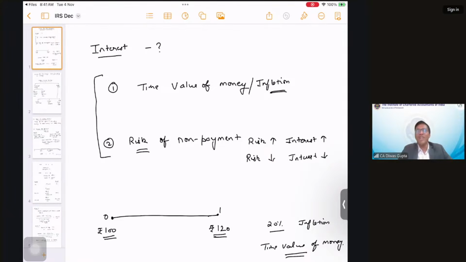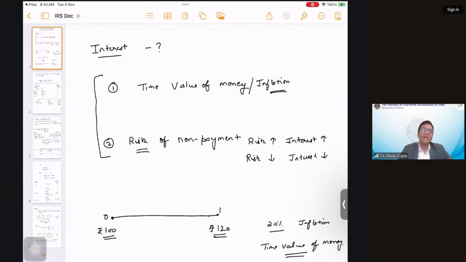So there is an inflation element attached. There is a time value of money attached, right? Because the money will not have a constant value as of today and 1 year from now. That is the first reason. If I'm lending someone 100 rupees today, it will have a value of 110 after 1 year. That is why I will expect 110 rupees.